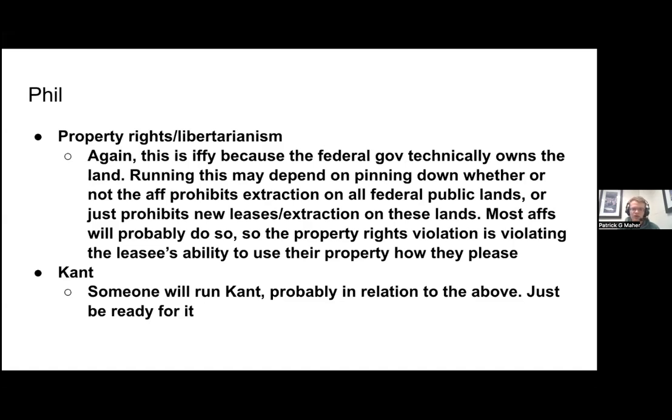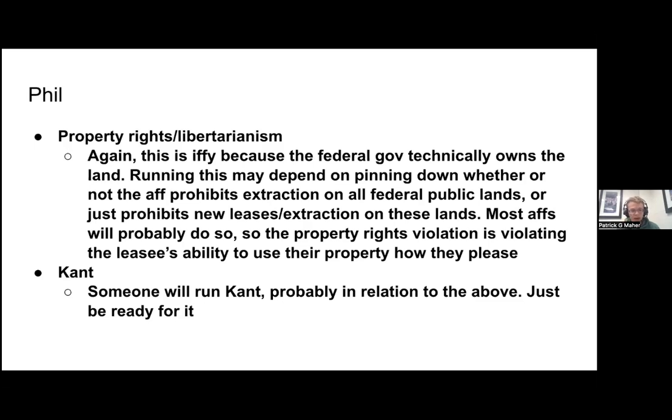And then Kant is also going to exist in relation to the affirmatives' potential violation of contract law. Contractarianism is also probably going to be pretty big on philosophical stuff.